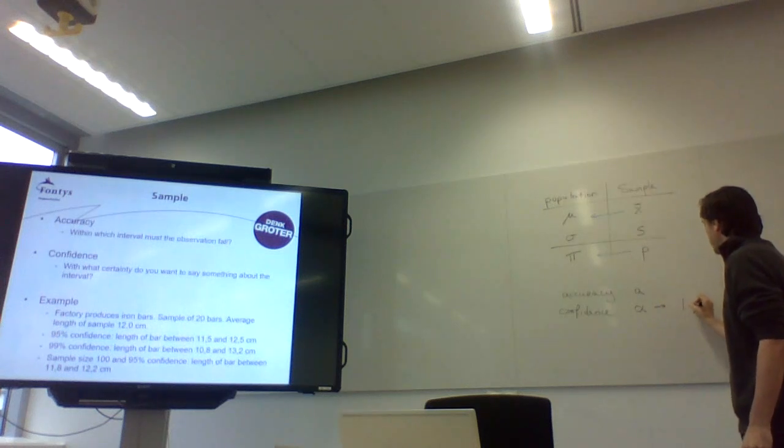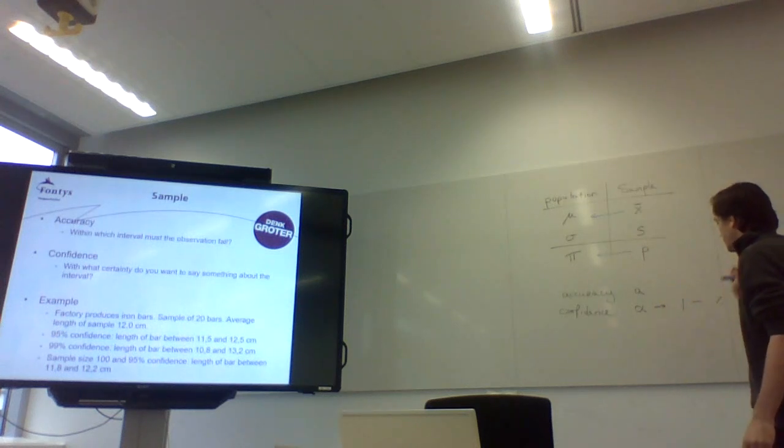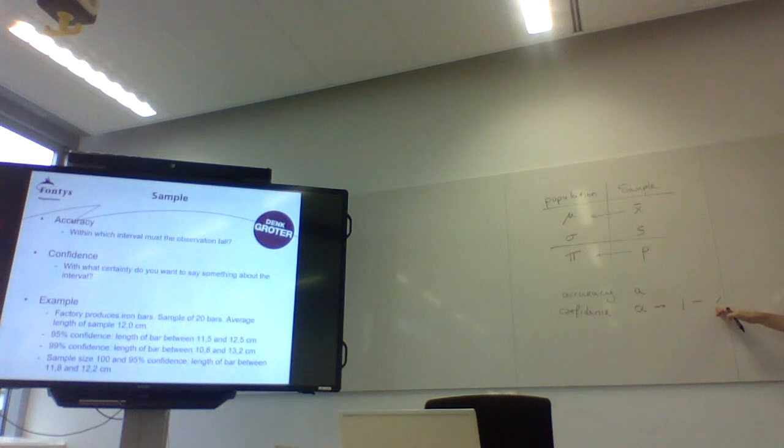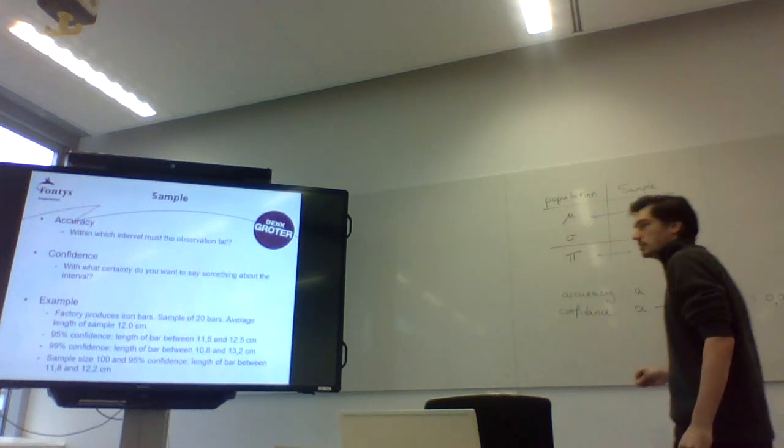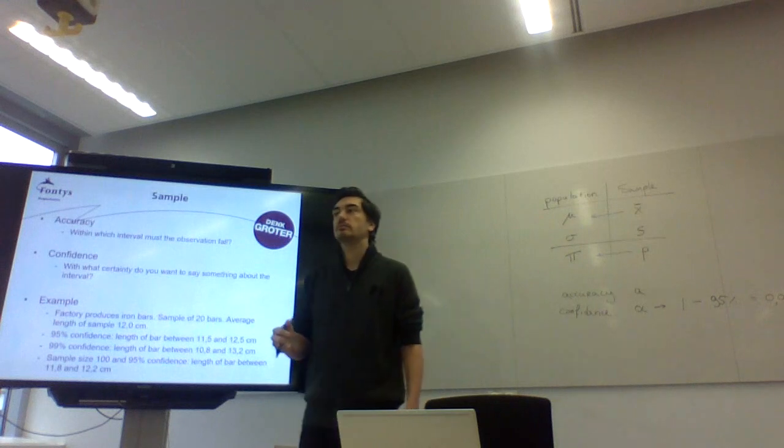You can find it by doing 1 minus the confidence percentage level you're interested in. So let's say you want to be 95% confident, then my alpha is 0.05.